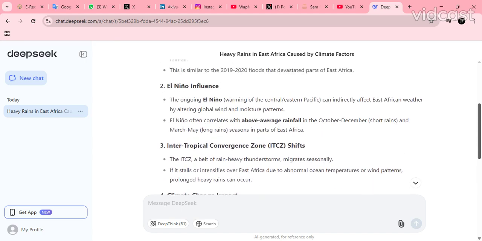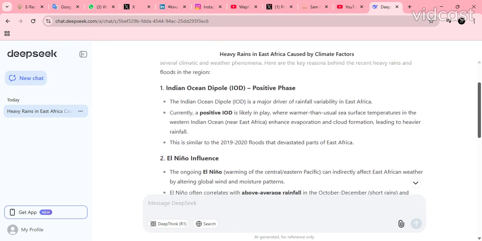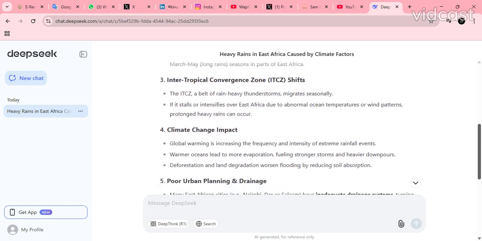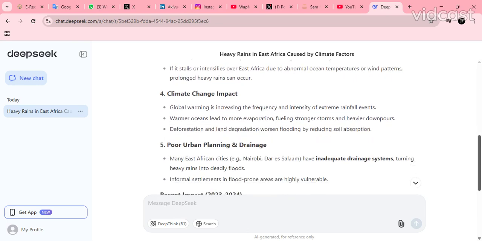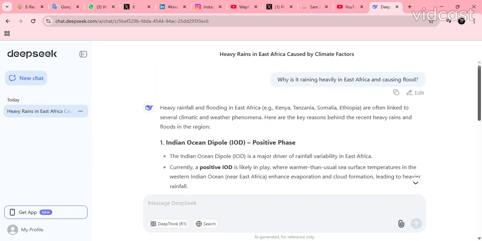But these are the factors that we can consider, and which have more influence and more weight than others.